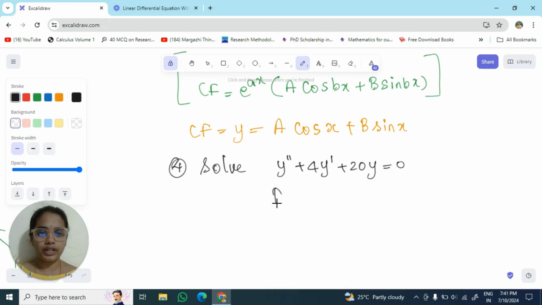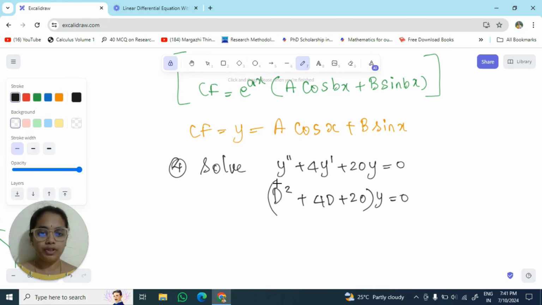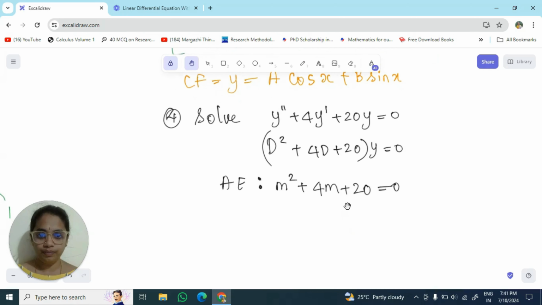Or we can also write it as (D square plus 4D plus 20) whole thing into y is nothing but 0. Yes. Now what happens over here? Let me write down the auxiliary equation, that is replace D as m. Okay, and we would be getting m square plus 4m plus 20. This is nothing but 0.